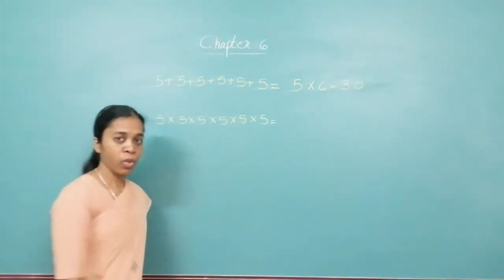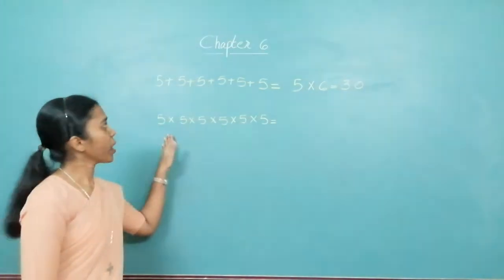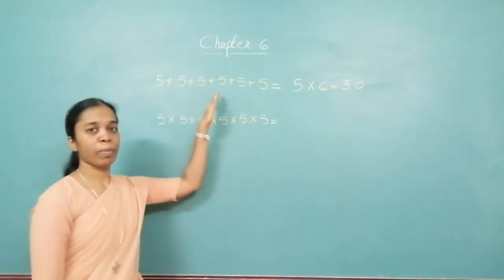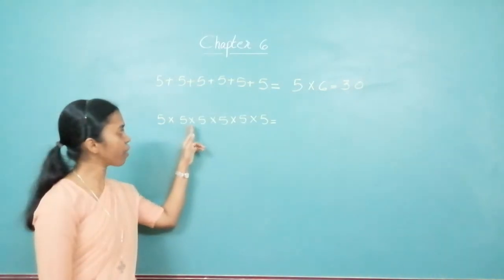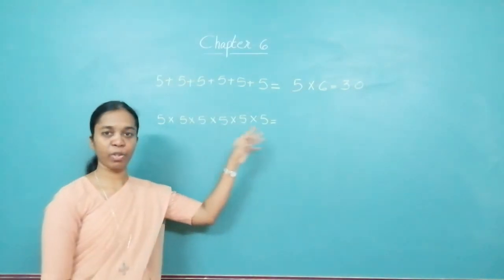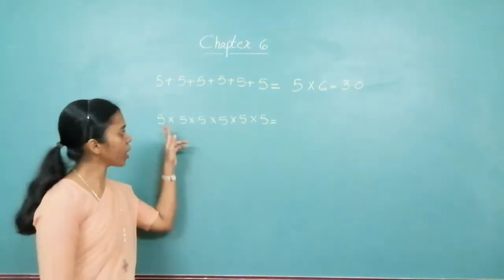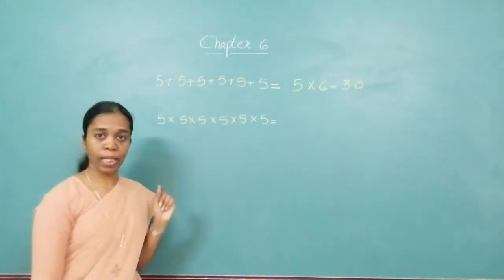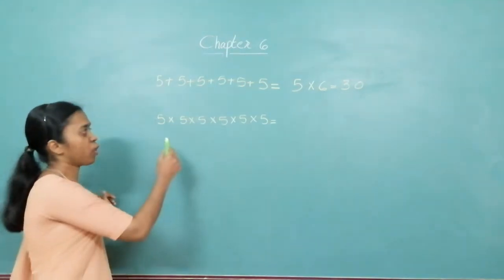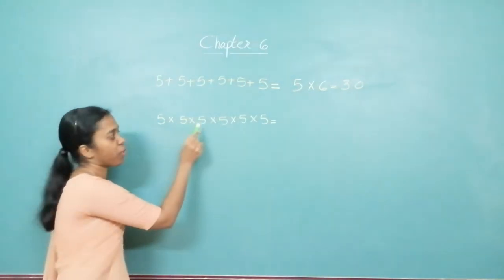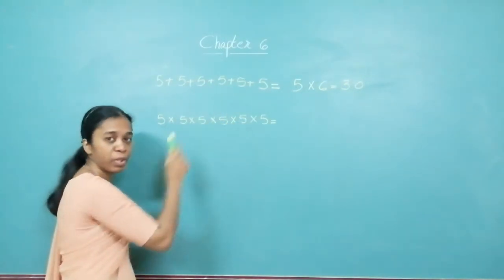Okay. Now you look at this. Here I have written 5 plus 5 plus 5 plus 5. Now you look at what I have over here: 5 into 5 into 5 into 5 into 5 into 5. How many times? Again 6 times. How do we find the answer for it? Yes, we know to multiply. 5 5s are 25, into 5 into 5 into 5 into 5.